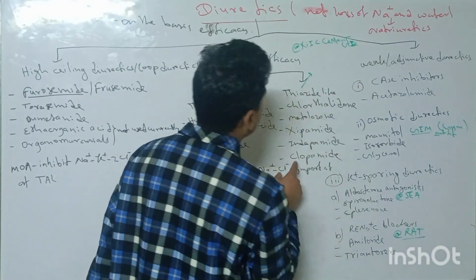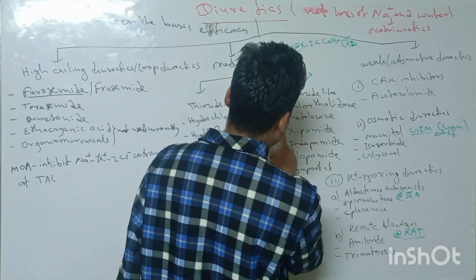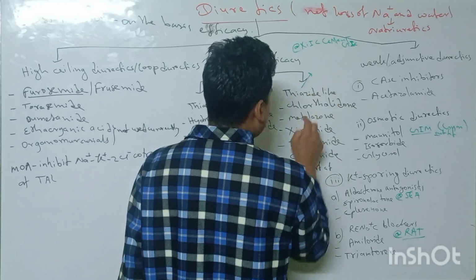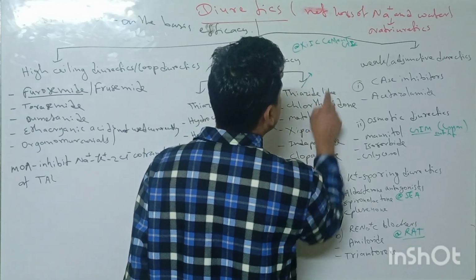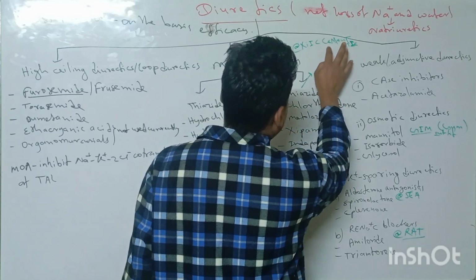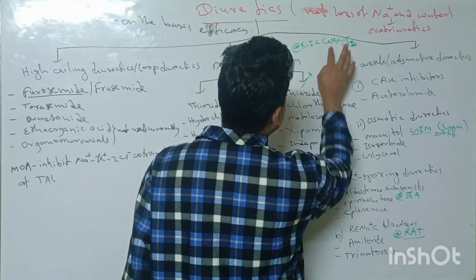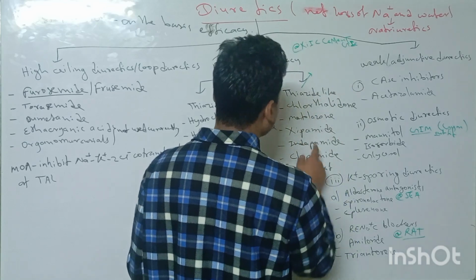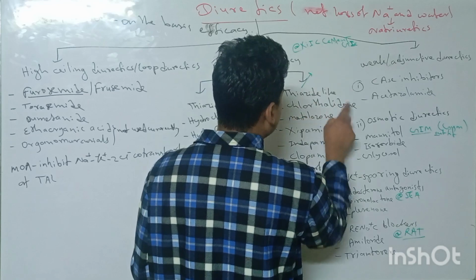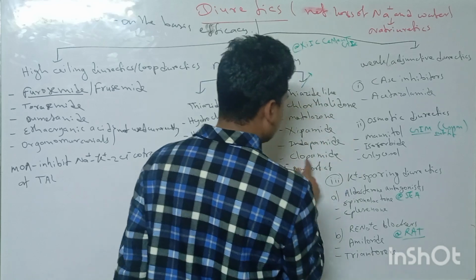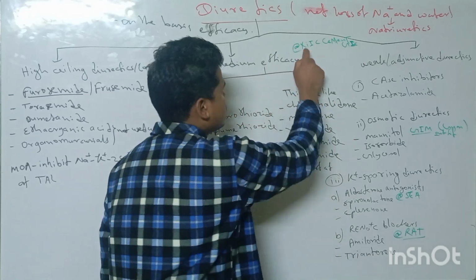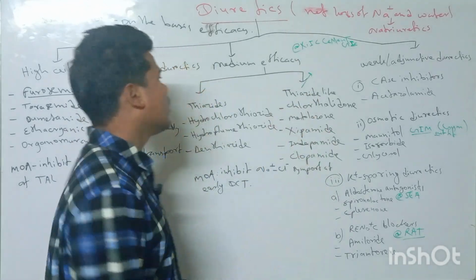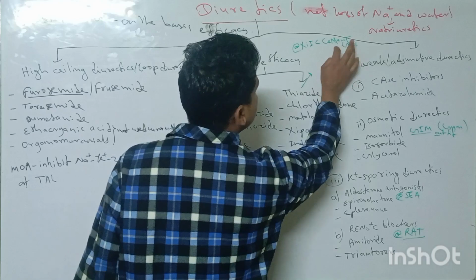Then the examples, from behind again: Me for metolazone, C for clopamide, C for chlorthalidone, I for indapamide, and X for xipamide. Remember GIC cement.